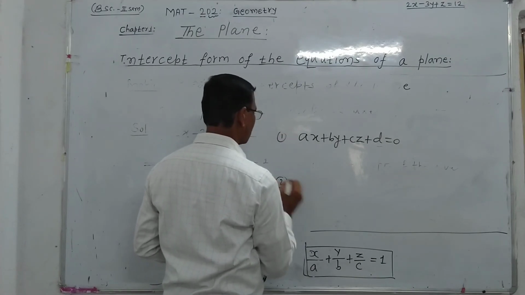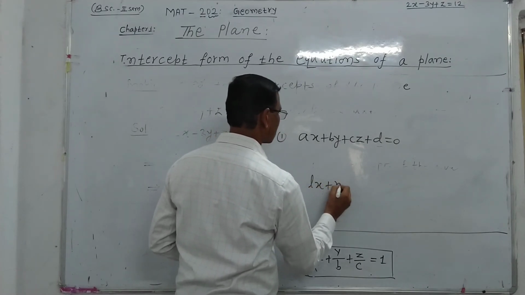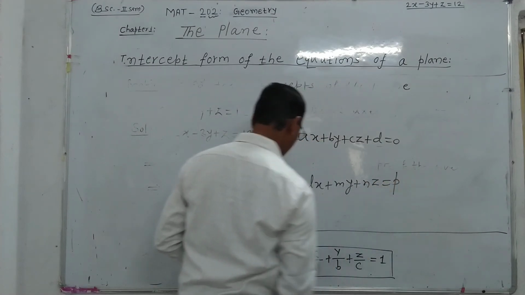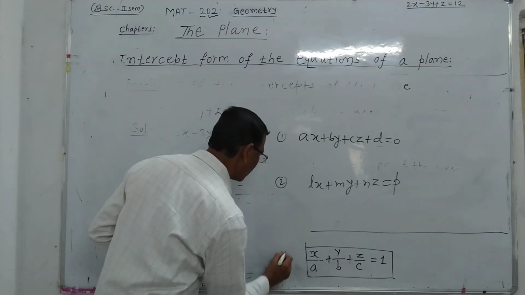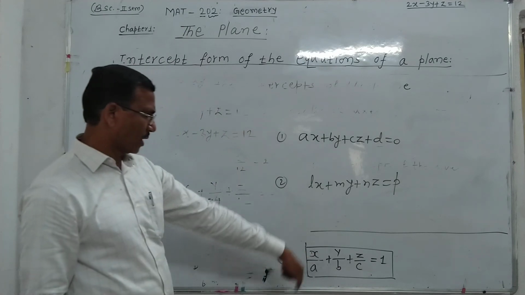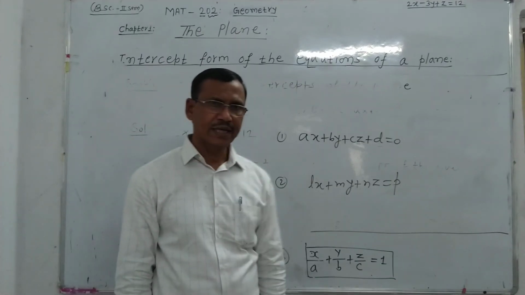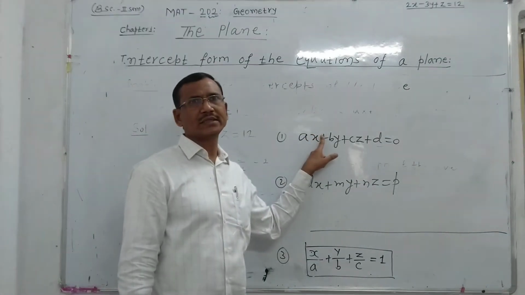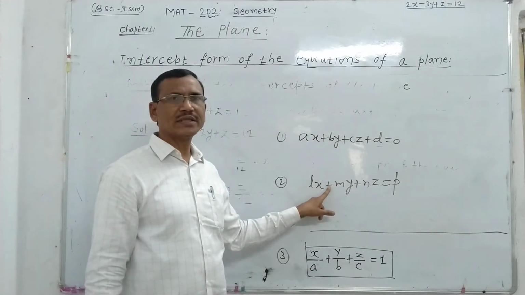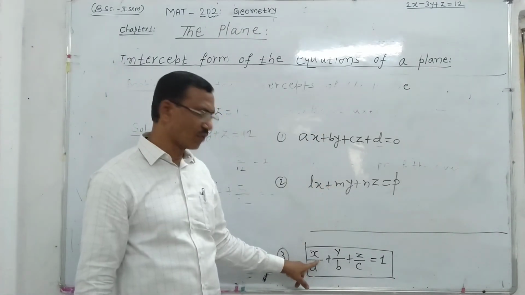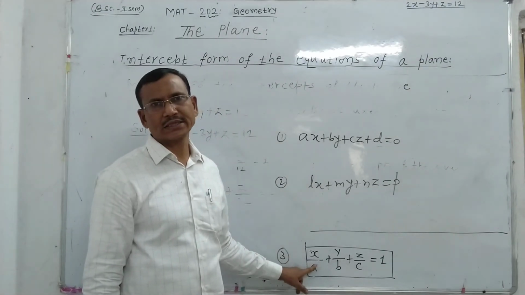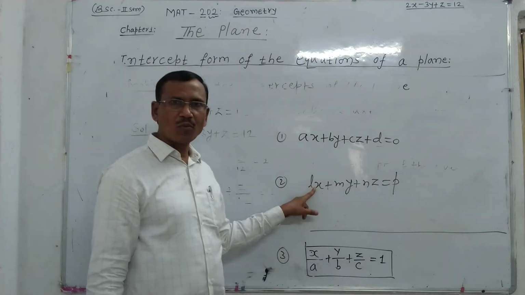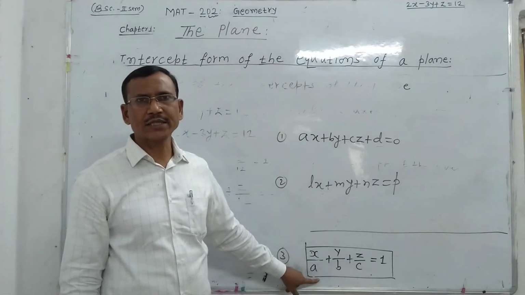The second type is lx plus my plus nz is equal to p, and the third type is x upon a plus y upon b plus z upon c is equal to 1. The first equation is called the general equation, this equation is in normal form, and this equation is in intercept form.